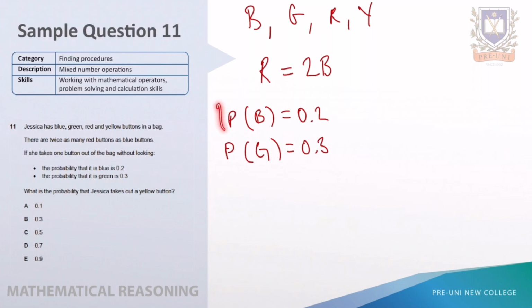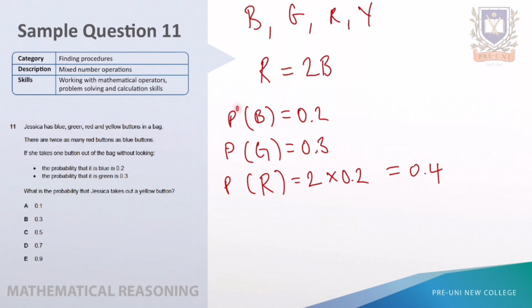Now, with this in particular, if the blue probability is 0.2, and we know that there are twice as many reds as blues, we can conclude that the probability of picking out a red button would be 2 times the probability of picking out a blue, which is 0.4.